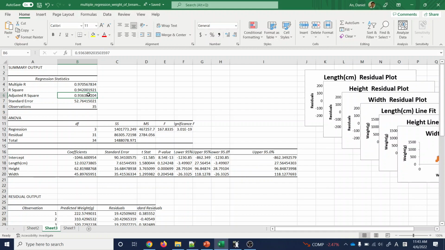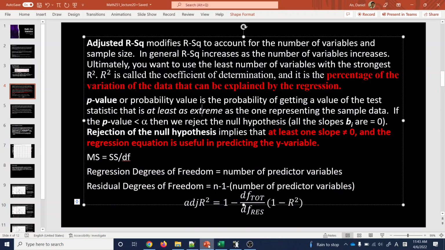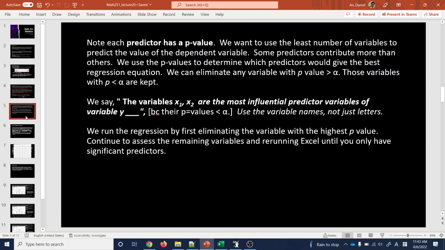I also said that because the p-value is so low, that also means that the multilinear regression is... let me just go to the... no, that's not what I wanted.